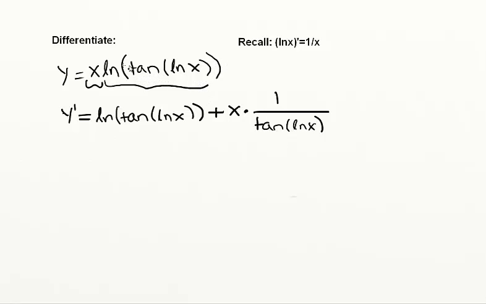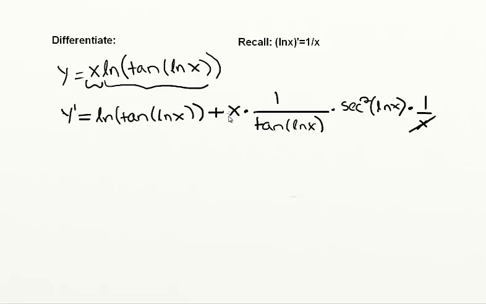Now we have to take the derivative of what's inside of that outermost natural log. So we move to our tangent. The derivative of tangent is secant squared, but instead of x, we have the natural log of x, because that's what was inside of our tangent function. And then we need to multiply that, again by the chain rule, by the derivative of the natural log of x, which is 1 over x.